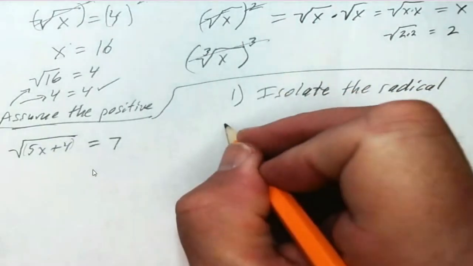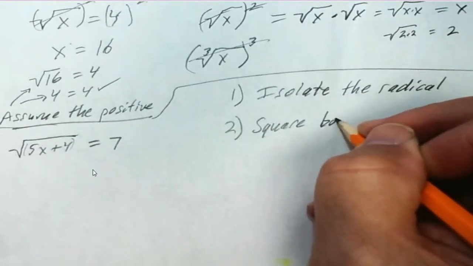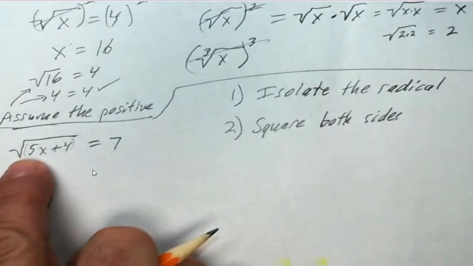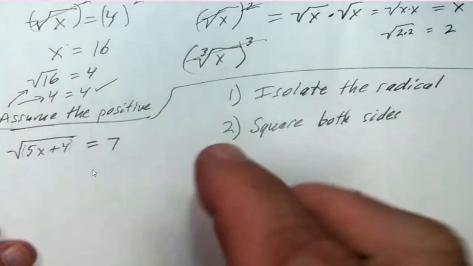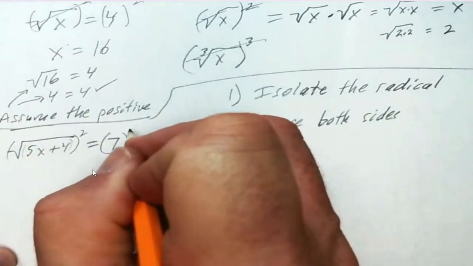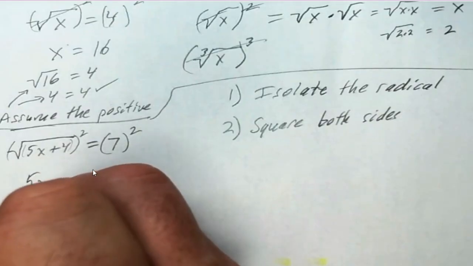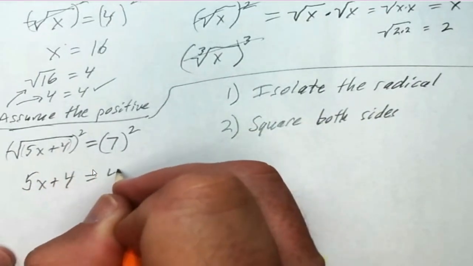All right, so that means we can jump to step 2, square both sides. Since our radical is only the square root, we're not dealing with third root or fourth root or fifth root, just square roots, so we can square both sides. So let's square both sides. This we know cancels out, so the left side is just 5x plus 4, and the right side is 7 squared.